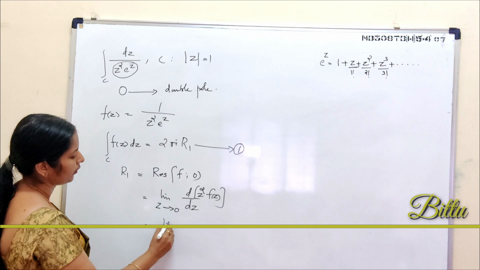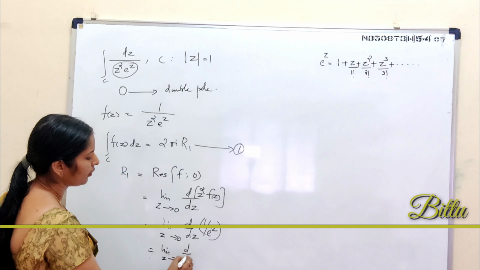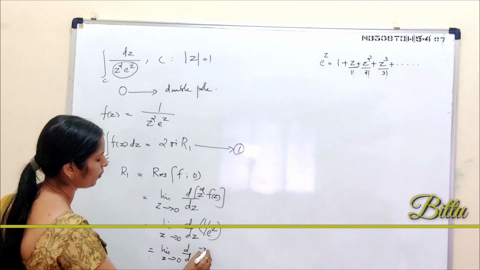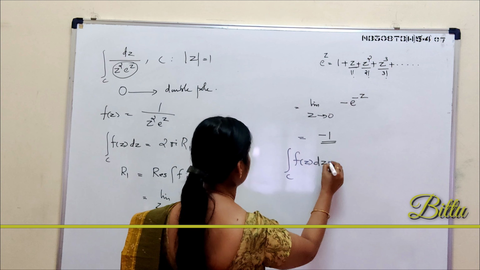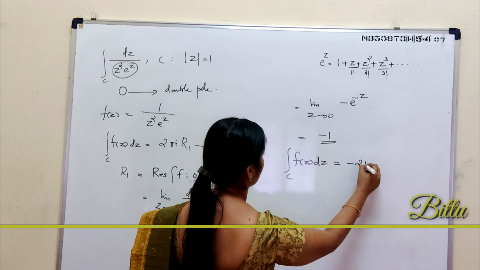That is limit z tends to 0, first derivative of e raised to minus z. What is the derivative of e raised to minus z? It is minus e raised to minus z. You put z equal to 0. It is minus 1. So residue is minus 1. You put in equation number 1. Integral over C f z dz is minus 2 pi i.